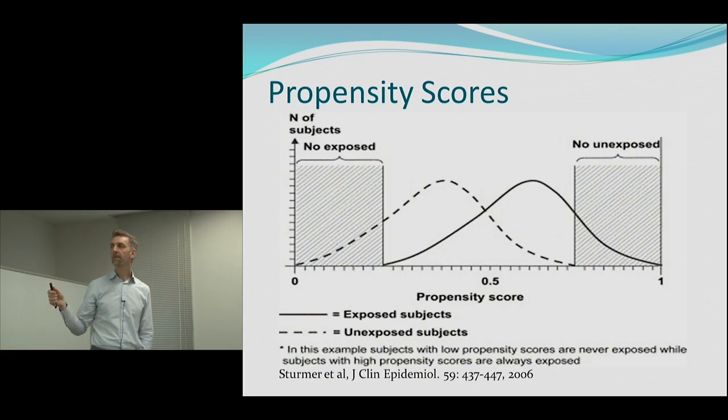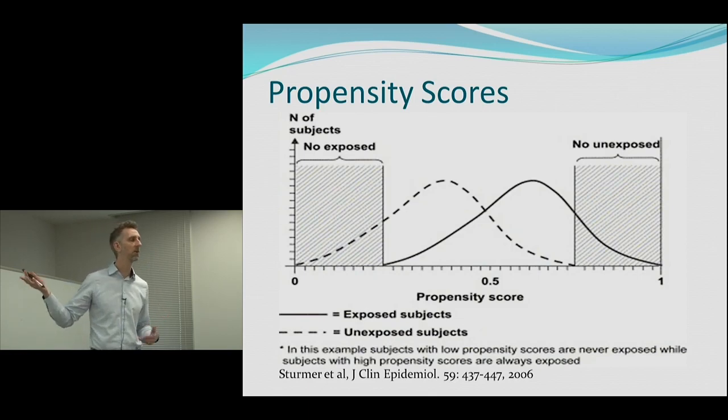So, a bit more about the theory. When we have calculated the score for our exposed and unexposed, we can look at the distribution of the scores in those two groups, and this is really informative. Here I've taken this from a really nice paper written by Til Stürmer in 2006, which is a great, simple approach to propensity scores.